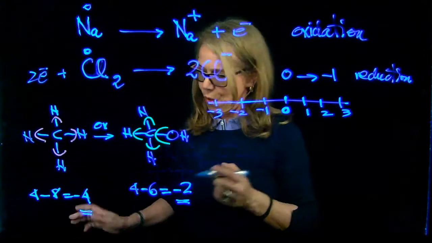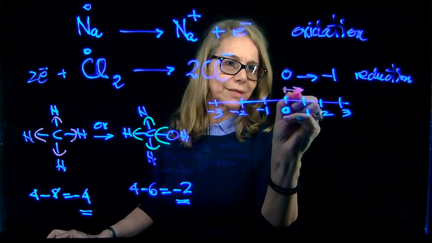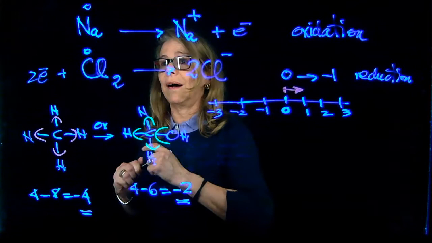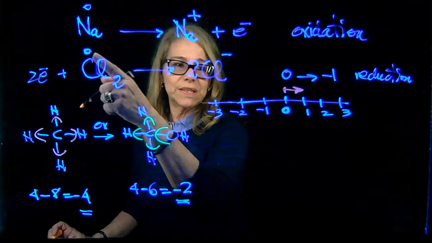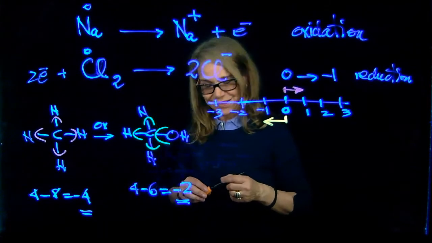Here, sodium went from 0 to +1. That was an oxidation. And when we did chlorine, it went from 0 to -1. So it went to the left. So it is reduction.